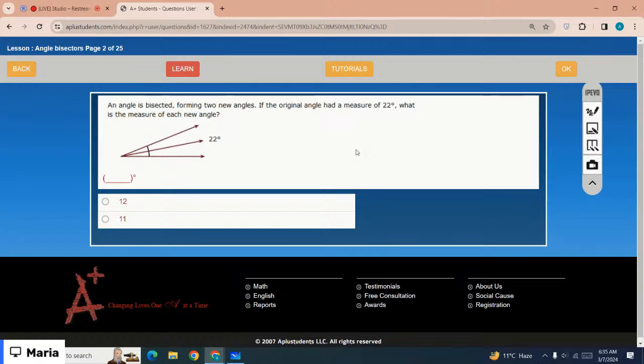Yes, that is 11 degrees. Each angle measure is 11 degrees.